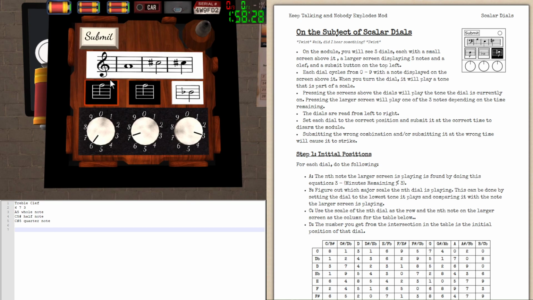So that is going to be an F scale. Yep. B flat scale. And E scale.